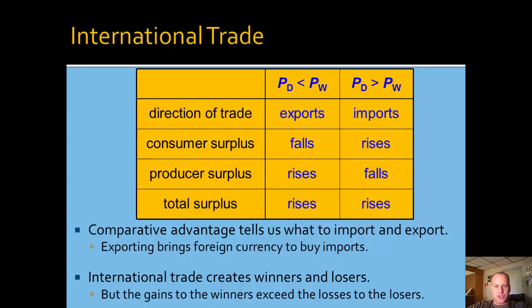But the gains to consumers are often widespread across thousands of people rather than a few select workers in a few select industries. And so it's often easy to lose sight of the fact that the gains to the winners exceed the losses to the losers when we think about international trade and its ability to increase the size of the pie, that is, move us beyond our production possibilities frontier.